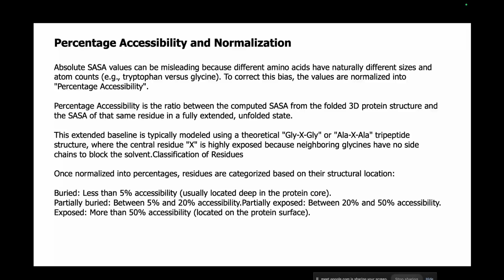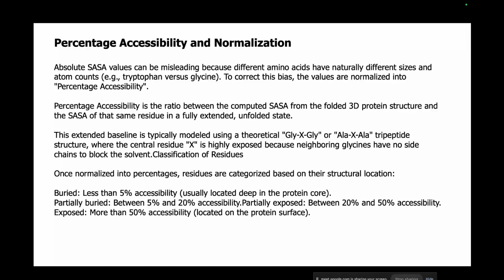The space required by that amino acid is much more than, say, a glycine, the smallest one. So the surface area estimation might be misleading just by the size of the amino acid itself.